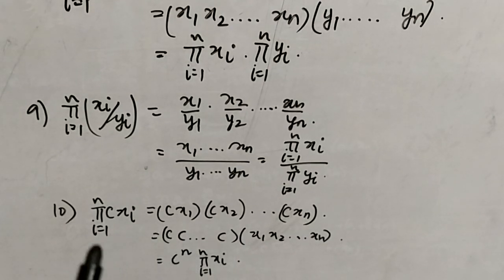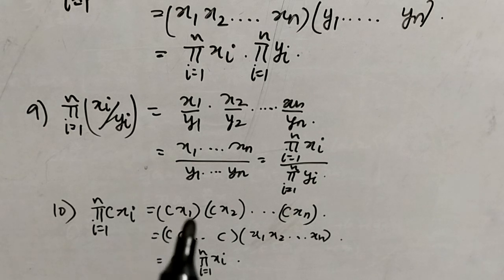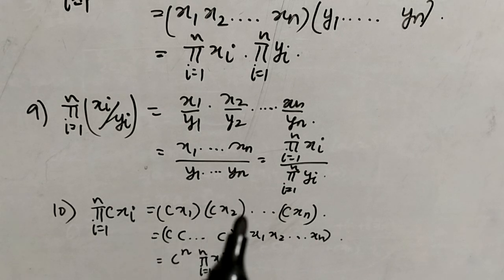Now my last funda is quite easy, but I want to elaborate it for my naive students. The product of c xi: c x1, c x2, up to c xn. We are breaking xi again, clubbing c all together and x all together. As you can see, we are multiplying c n times.